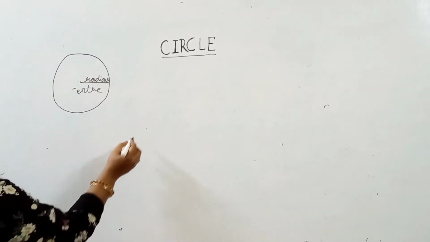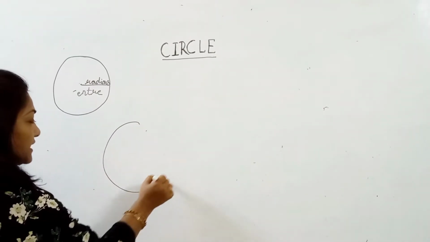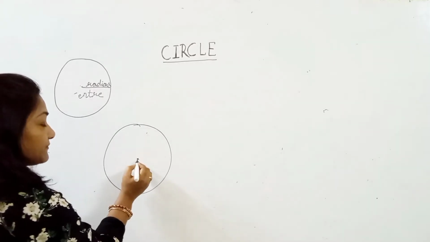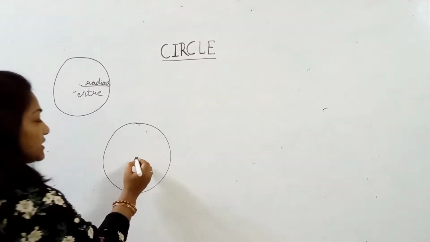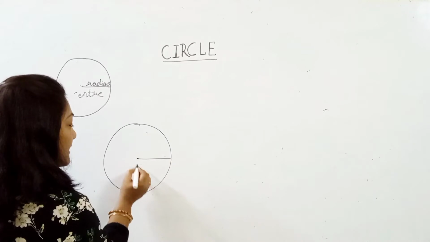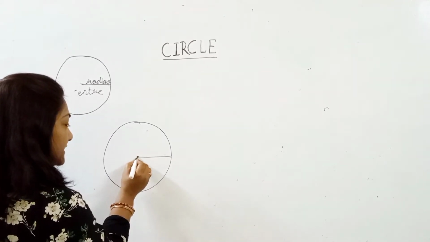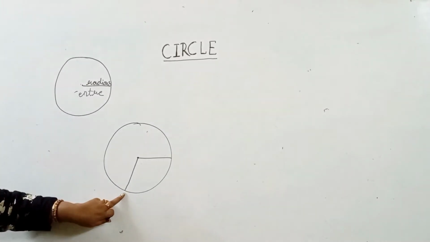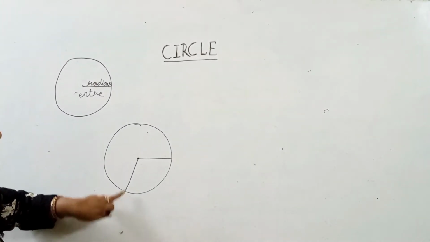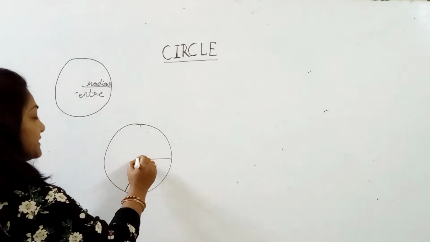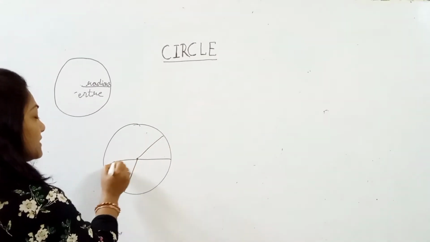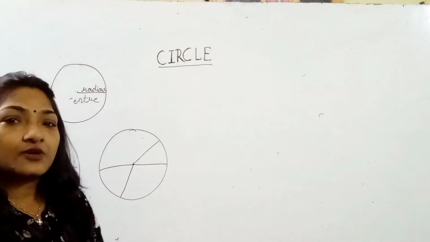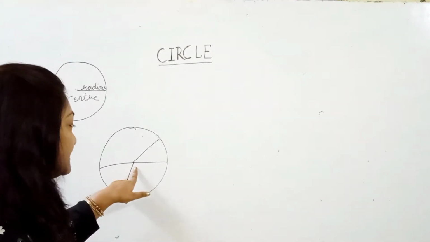If I consider any circle, here is the center, the fixed point, and this is the radius. From the center to any point on the circle, the distance is known as a radius. So the radius has equal distance from the center.